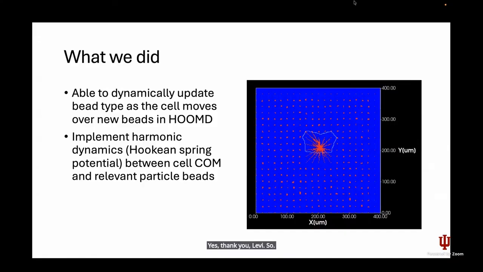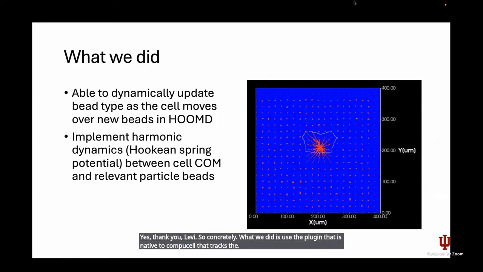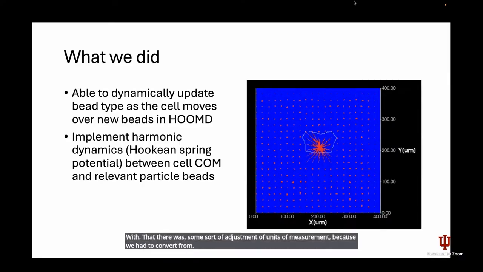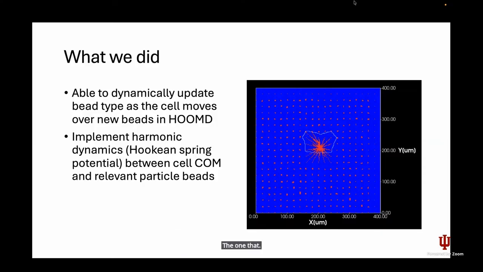So concretely, what we did is use the plugin that is native to CompuCell that tracks the pixels that belong to a cell, and with that there was some adjustment of units of measurement, because we had to convert from the CompuCell3D pixel grid into the one that is used by the package UMD Blue.